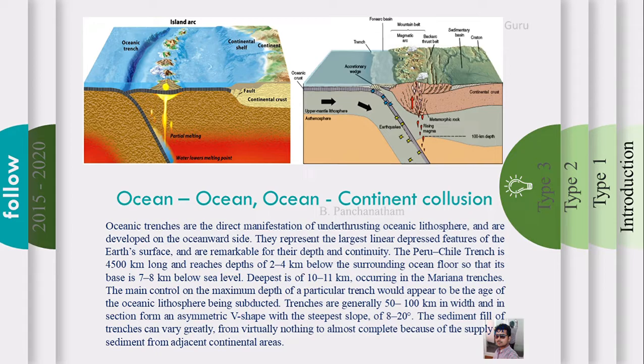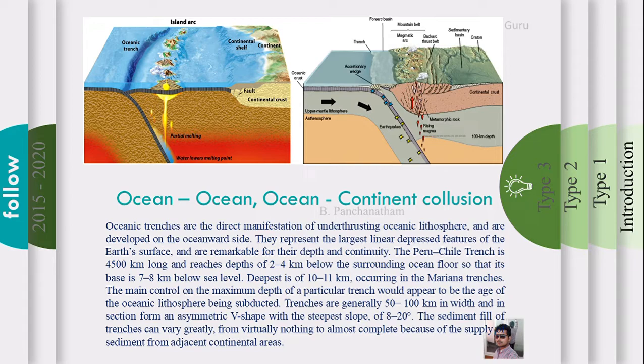So according to the age of the subducting lithosphere, the depths are fixed. If it is the deepest, 10 to 11 kilometers, that may be of a different age, and if the depth is 2 to 4 kilometers, that may be of a different age. So the age defines the depth of the trench.